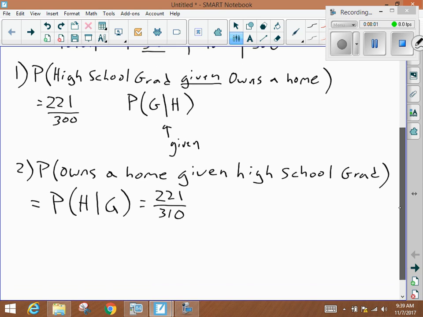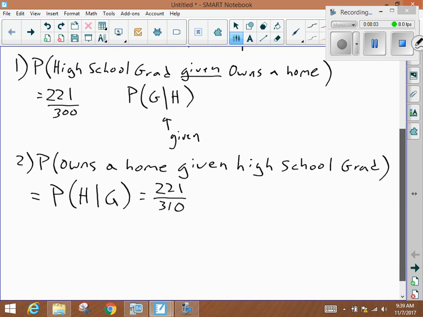Let's calculate each one of these probabilities. What is the probability of A intersect B?